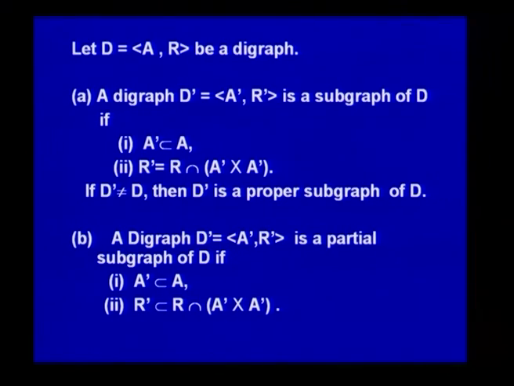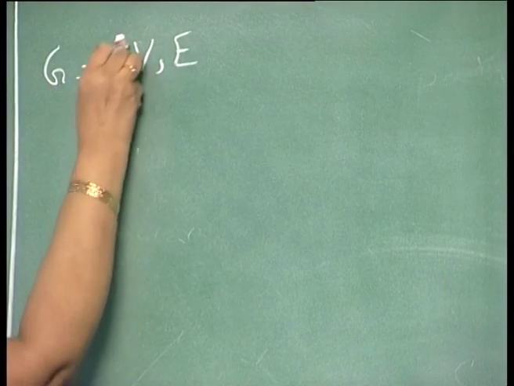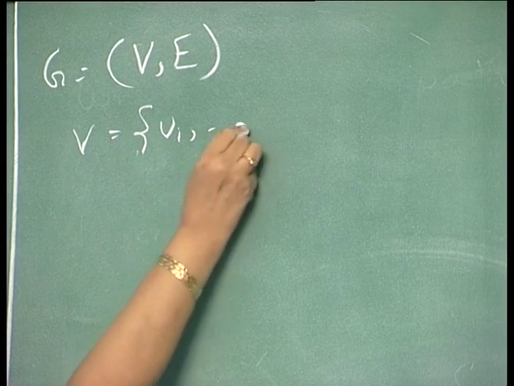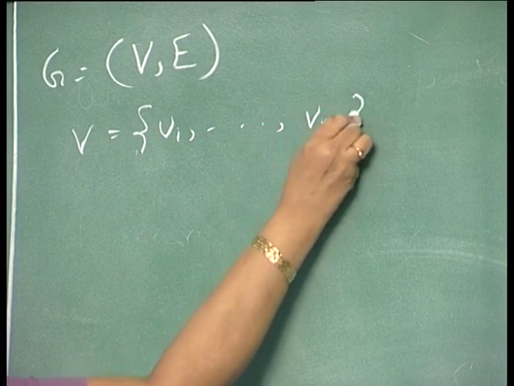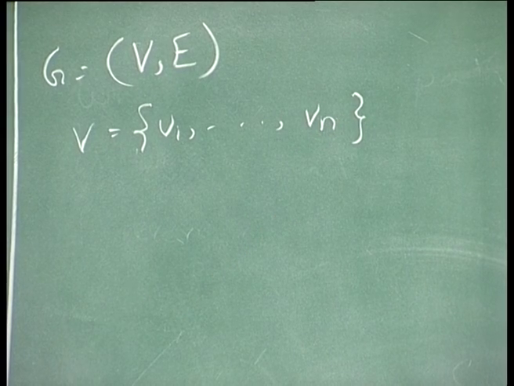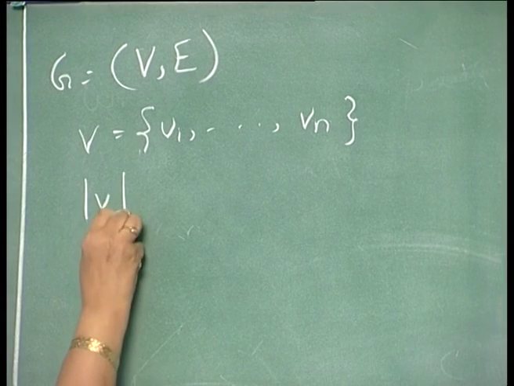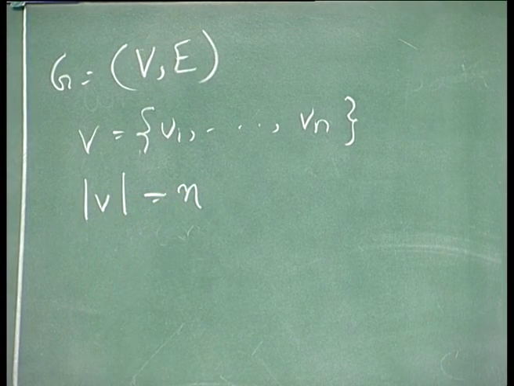Consider a graph G equal to (V, E), where V is equal to V1, V2, Vn. There are n vertices in the graph, and the number of vertices is n.